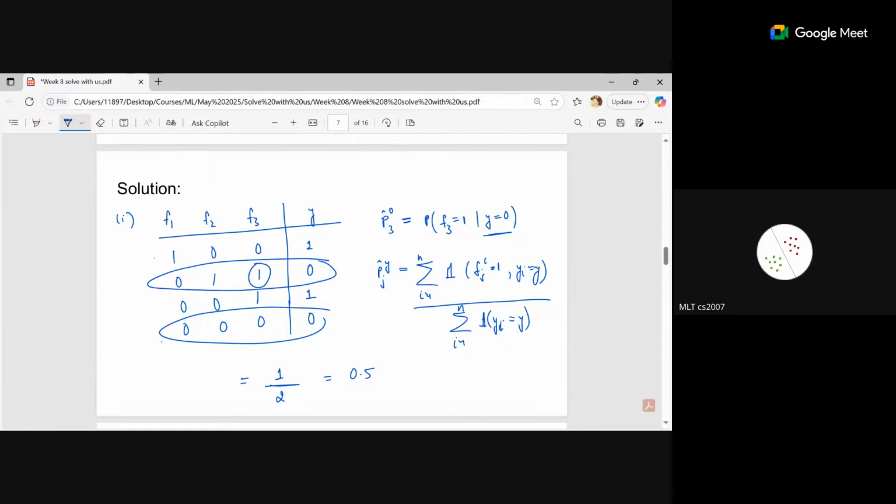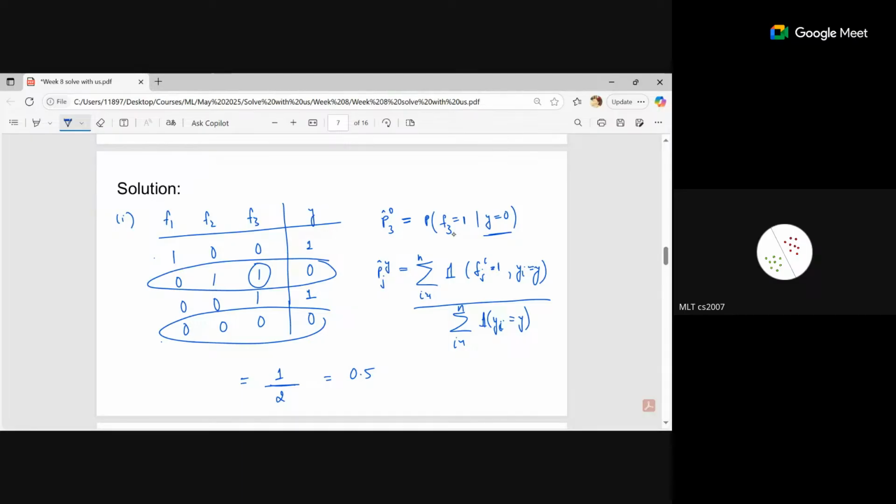Okay. So if the denominator is 2, now you have to look at the numerator. Here it says, of all the examples where yi takes the value y, so yi takes the value 0 in our case, along with that your feature should be equal to 1.